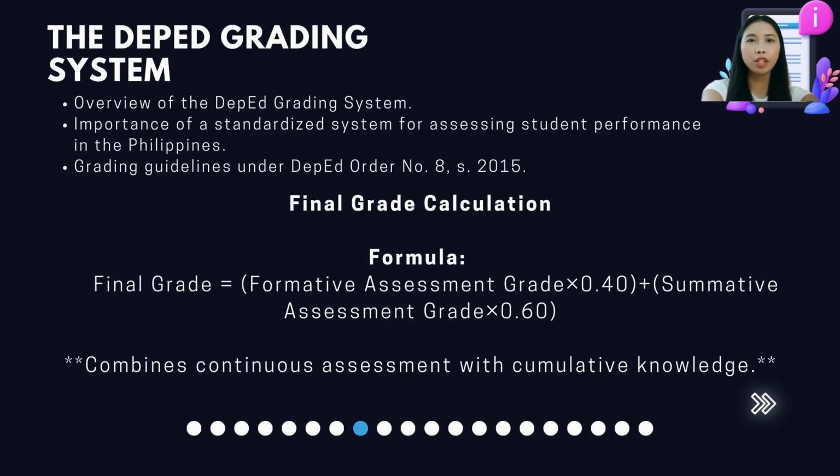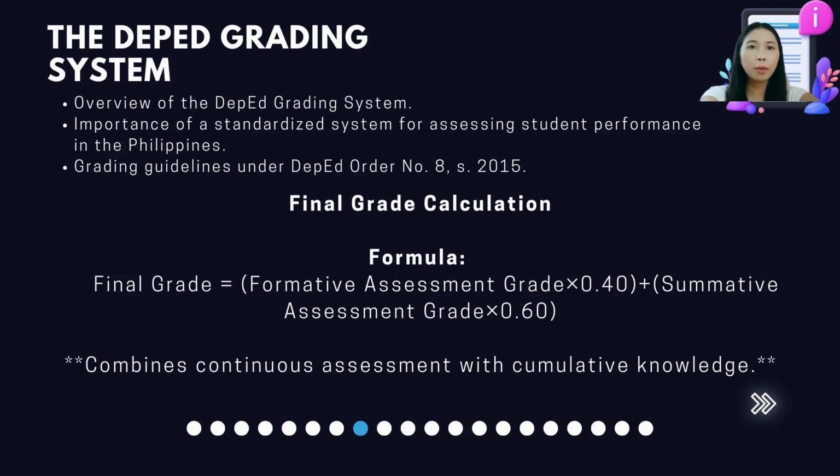It includes provisions for grading from elementary to secondary levels, ensuring that the assessment and evaluation process is consistent and transparent. In the structure, it highlights the grading scale and grade description. When we talk about the grading scale, the DepEd grading system uses a percentage scale for grading.